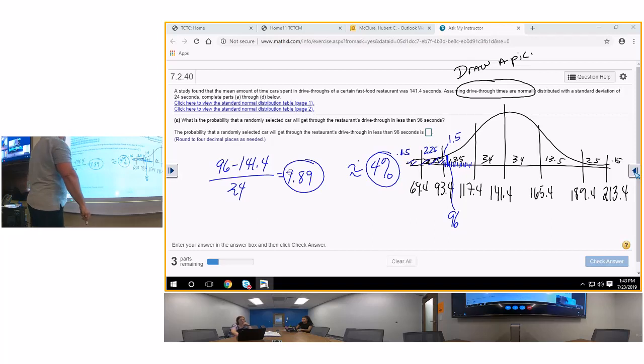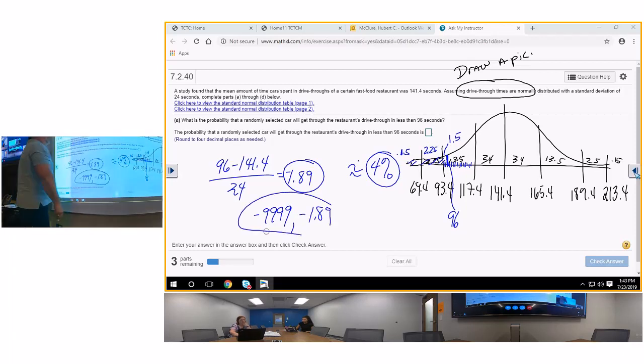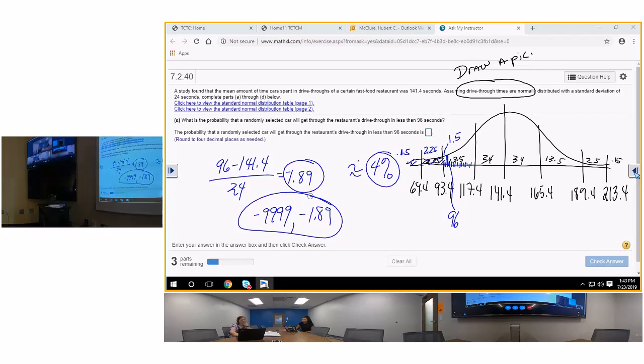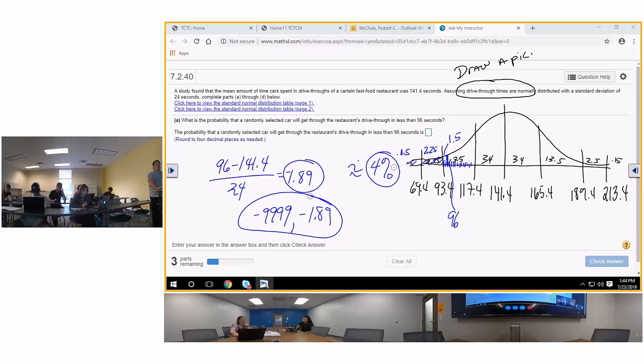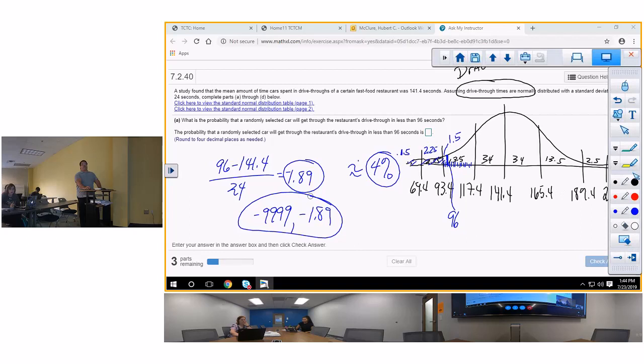Okay, so now you got to go from negative 9999 to negative 1.89. And what do you get? 4 decimal places. 0.0293. That's 3%, so I was off a little bit.